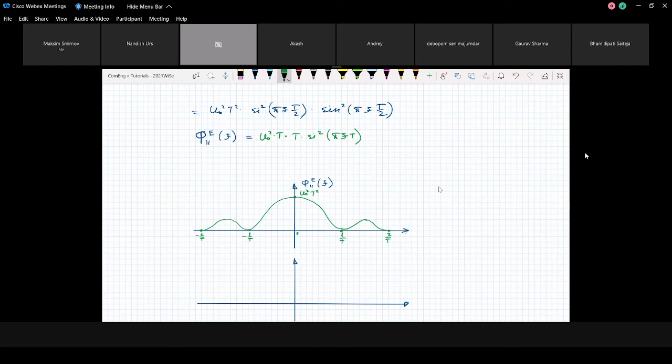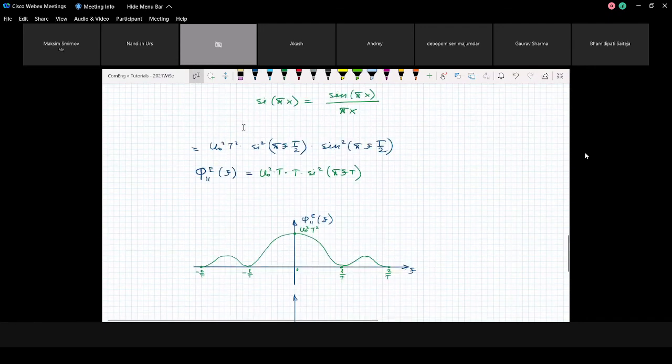Our C square function. It's our frequency range. Okay, now we come to the second function.